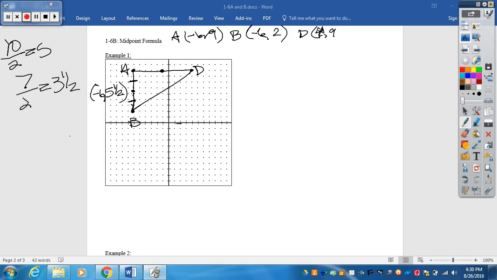Or you can do it from D, you get that same spot. So what is that? Negative 1, 9.